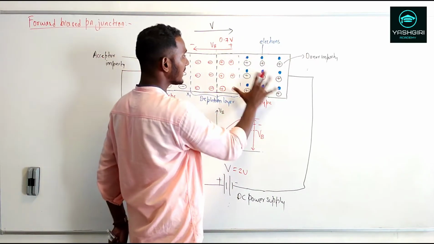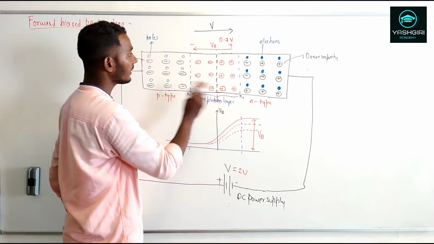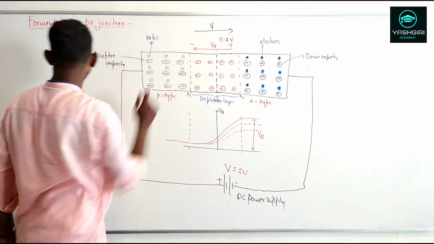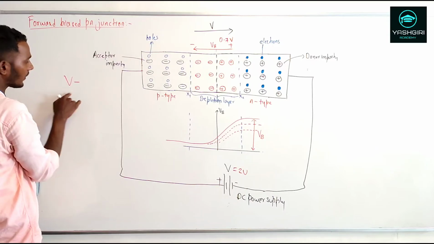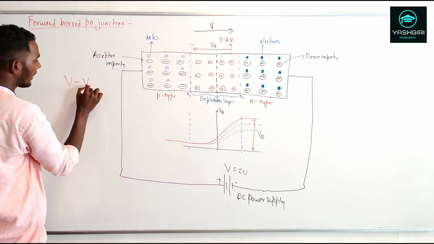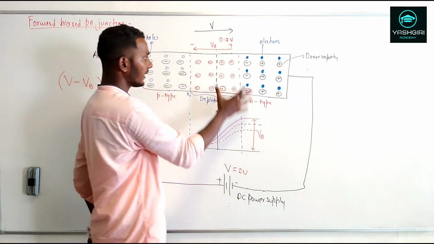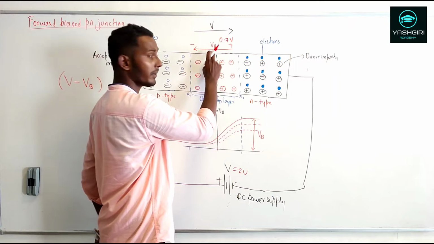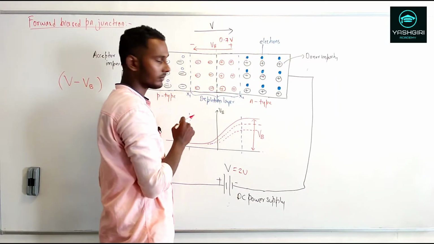A maximum number of majority charge carriers from both sides will start moving across the junction. The barrier potential is decreased by V, the external power supply, minus the barrier potential. Once you give a potential greater than the barrier potential, the electrons start moving across the junction.